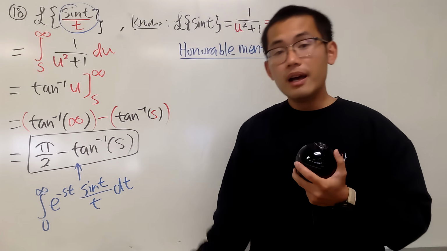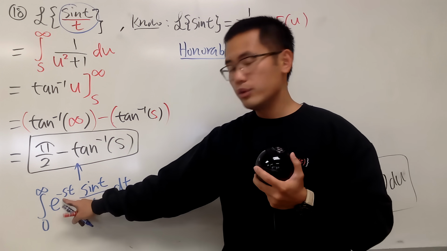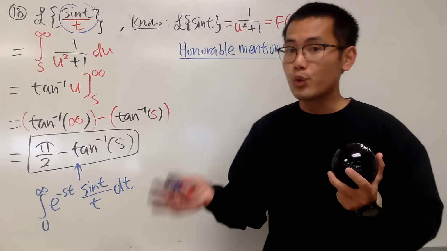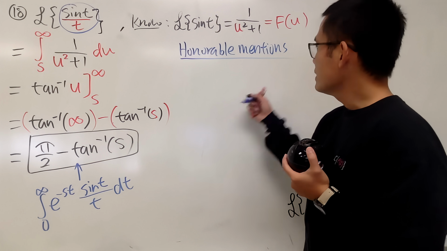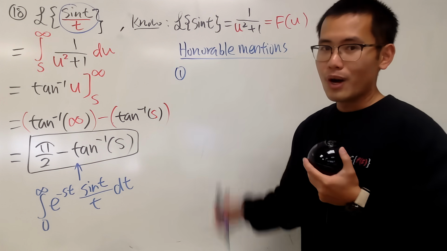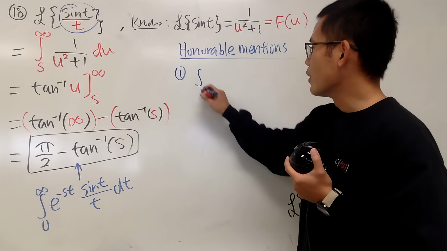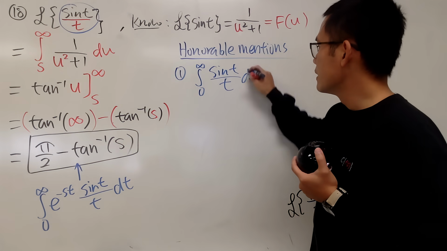right? Now, with this being done, you just have to tell me an s value. You can put it here, and you can come up with a lot of cool integrals. So let's see, what's the value of, let me just tell you guys, honorable mention number 1. What's the value of the integral from 0 to infinity of sine t over t then?